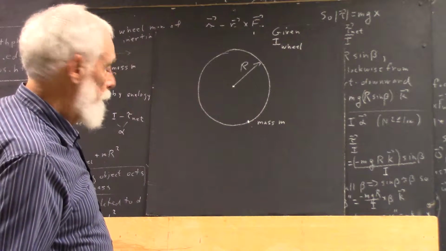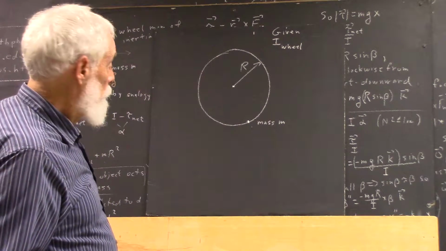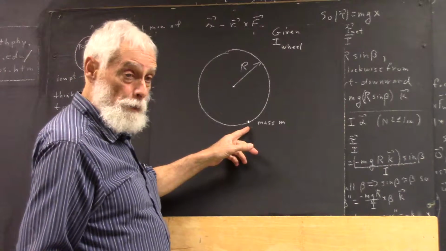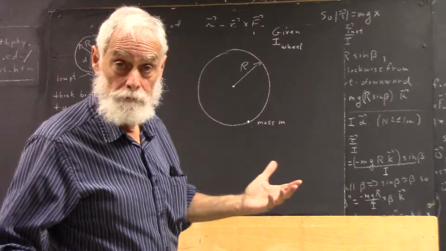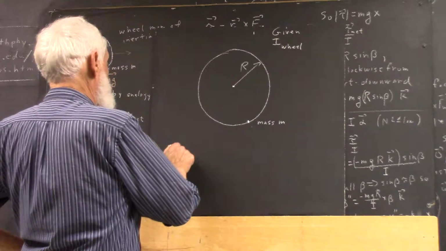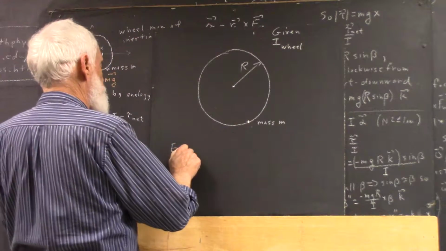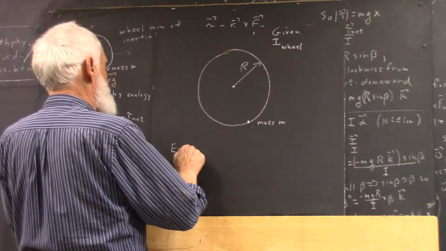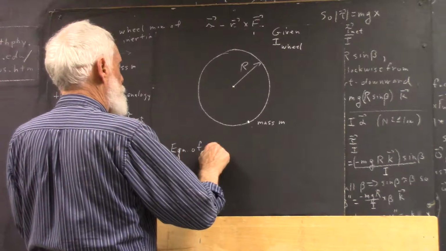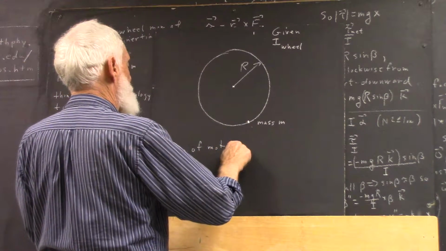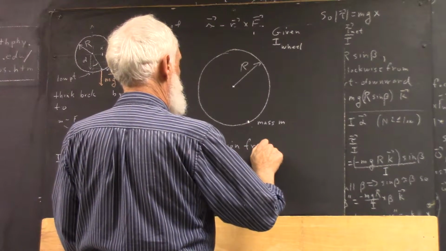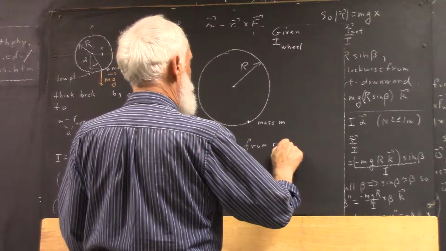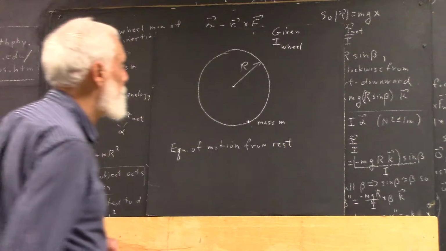And we're going to then ask, if the mass is put on here with the wheel stationary, how does the wheel move? Okay, and ultimately we want the equation of motion starting from rest.